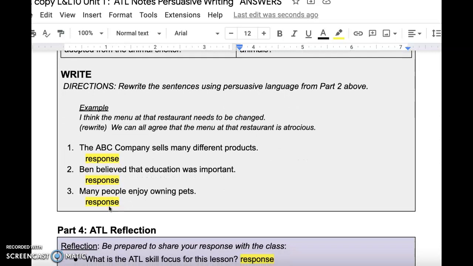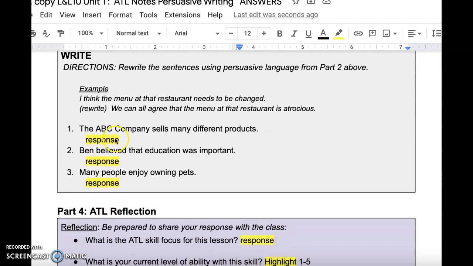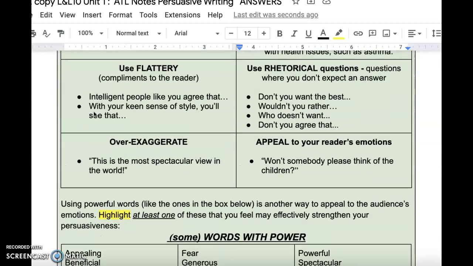In this section, you're going to rewrite the sentences using persuasive language from part 2 above. Here's an example. Here's the first sentence. I think the menu at the restaurant needs to be changed. And then with a rewrite, we're going to look up here in part 2.